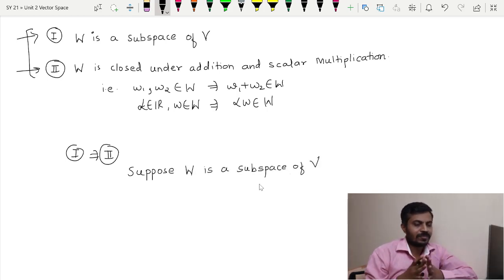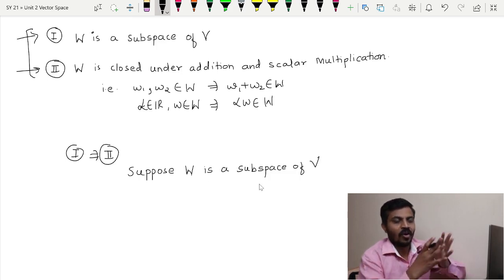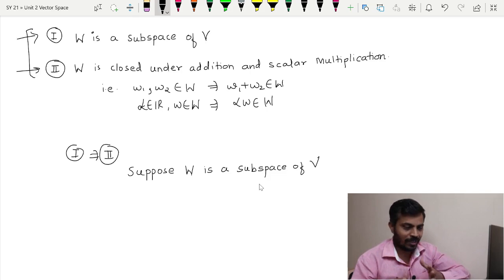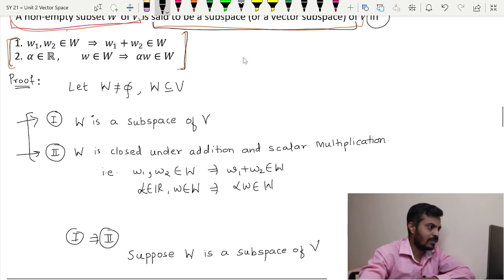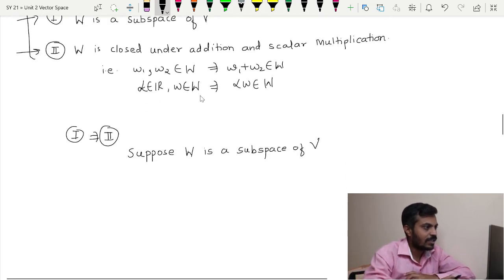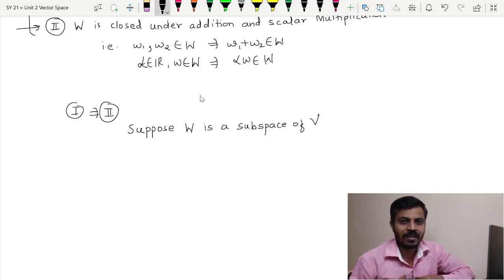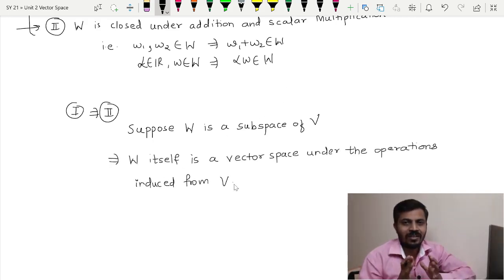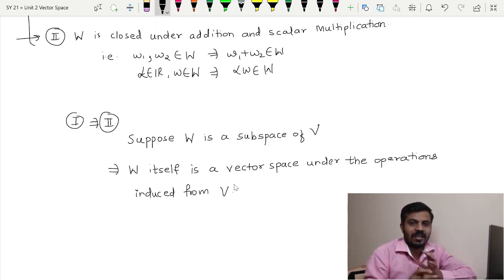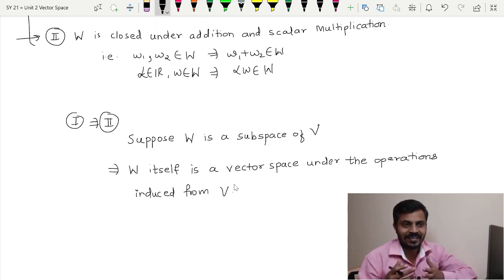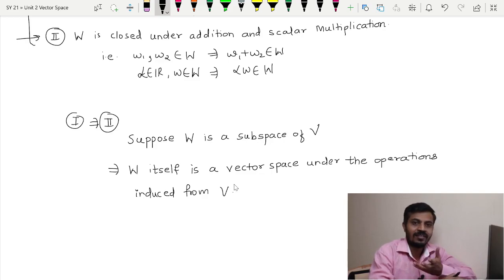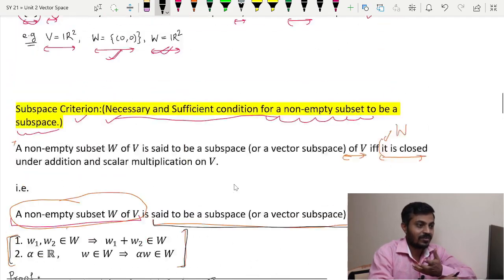So W is a subspace of V means, according to the definition of subspace, a non-empty subset W of V, so that we already have, so I will not write it again, is said to be a subspace of V if it itself is a vector space under the operations induced from V. So what is the meaning of this? So the meaning of this is there will exist addition and scalar multiplication, but how? Let us try to understand.